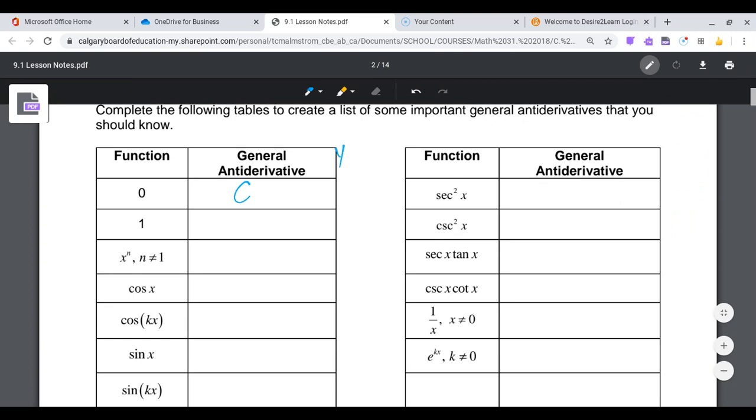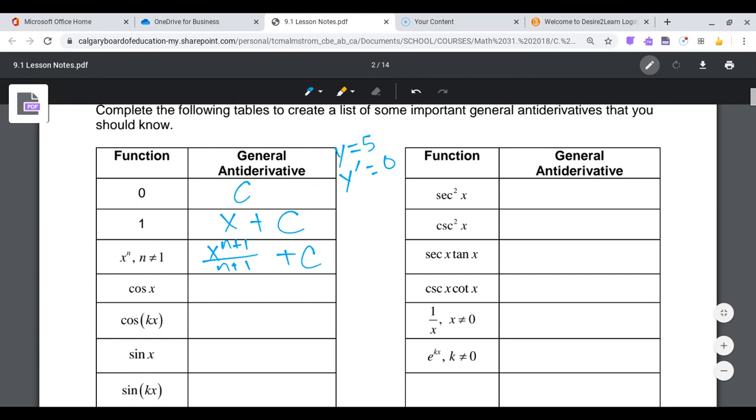So if y was equal to 5, the derivative of 5 is 0. So we're thinking backwards now. So the antiderivative of 1 would be x plus c. The antiderivative of x to the n, we just formed that one. That was x to the power of n plus 1 all over n plus 1 plus c. Don't forget your plus c.